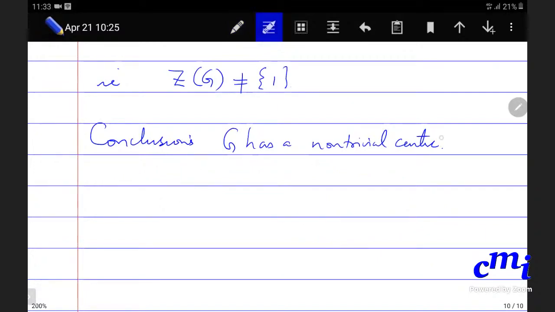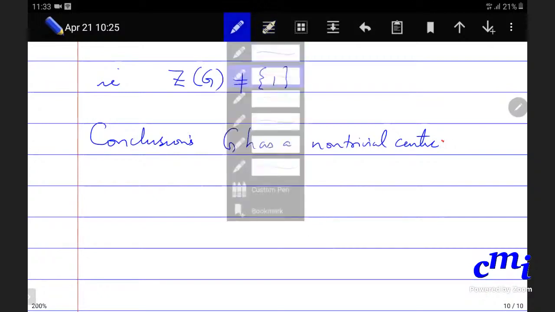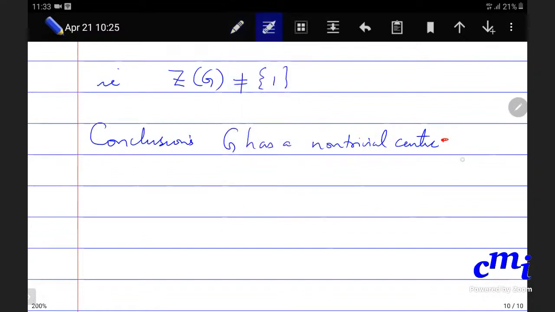Let me just stop it here. If I say anything about non-triviality of the normal subgroups, I would need to exclude the cyclic group of order P, because that is a simple group.